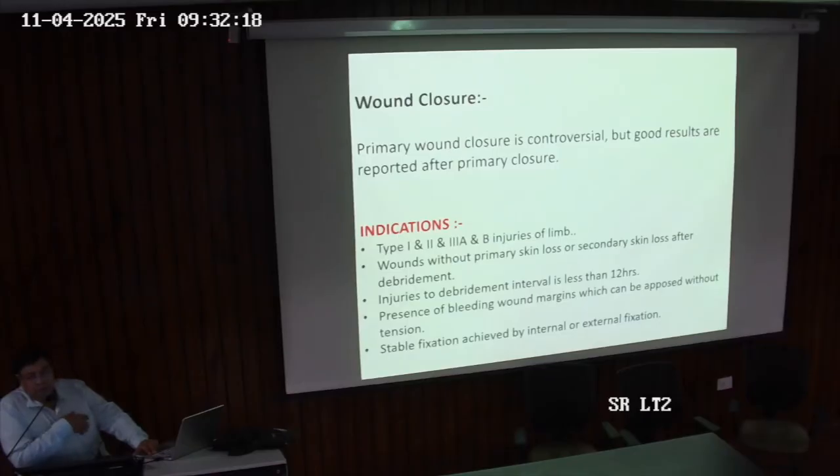Wound closure. Usually, if the wound is contaminated, it is not closed. Only a small clean wound can be closed, or otherwise, at the time of debridement we usually extend the wound surgically by incision, so that part can be closed.